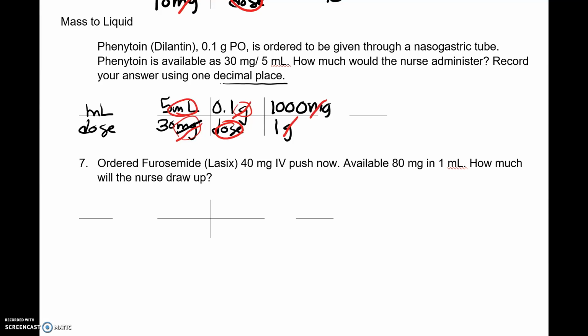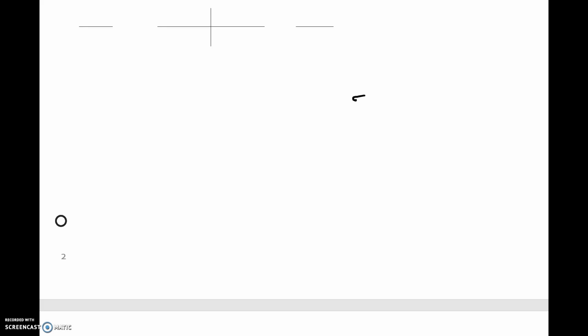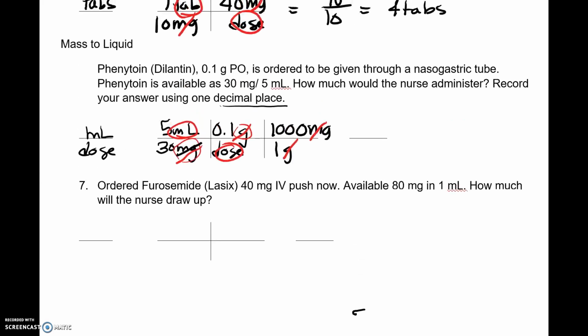5 times 0.1 times 1,000 is, whoops, sorry, is 500 divided by 30, and we get 16.66 repeating.